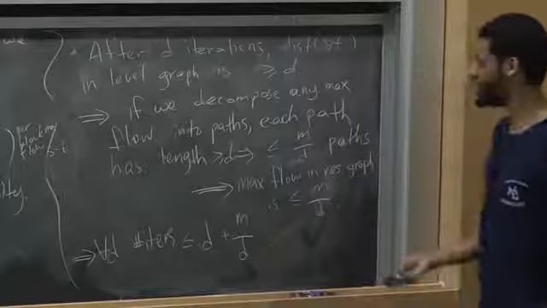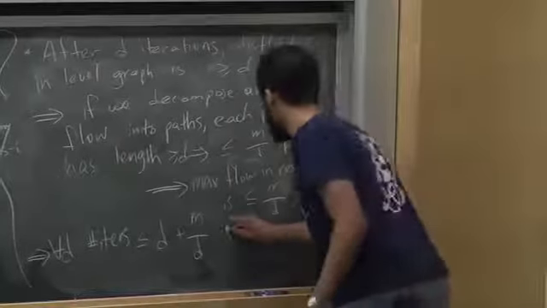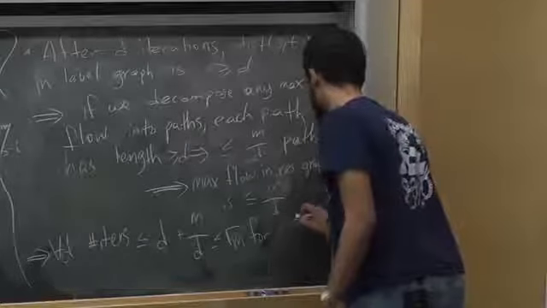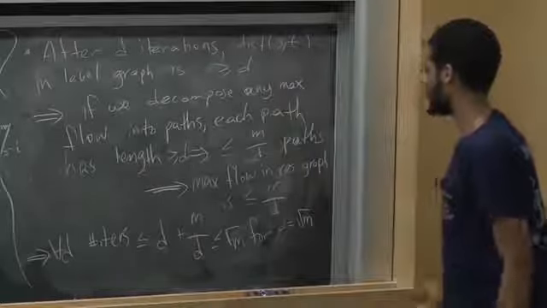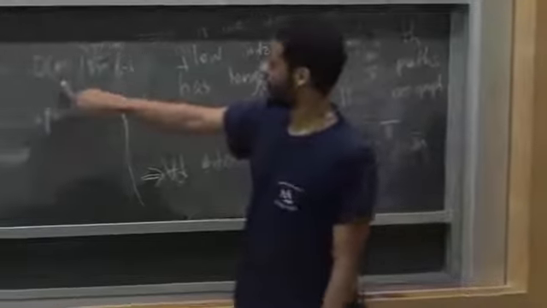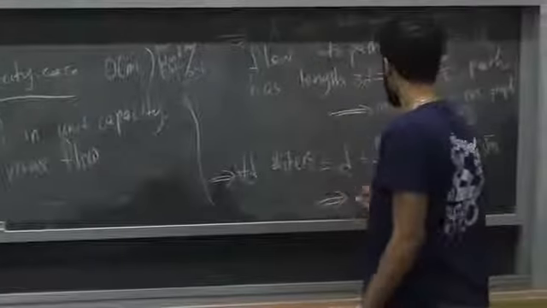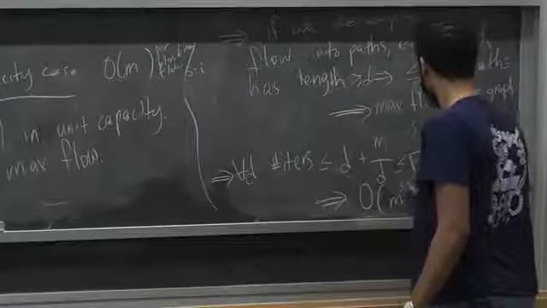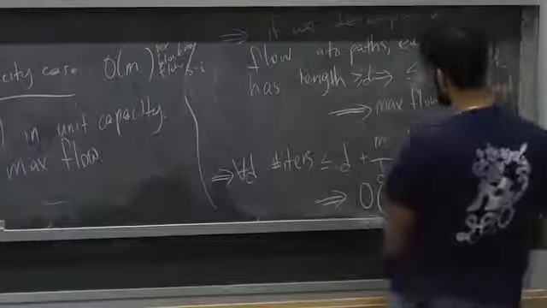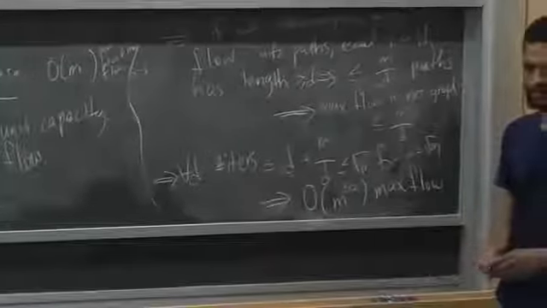And this is minimized when d is about root m, and is at most root m for d being root m. Which implies m time per blocking flow, root m iterations. So this implies O of m to the 3/2 for max flow. Or you could view it as m times the min of root m and n.